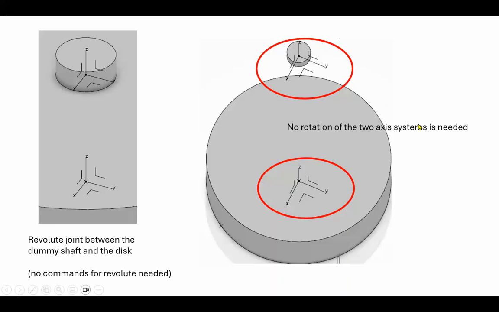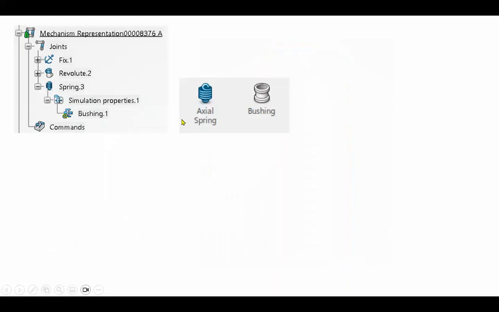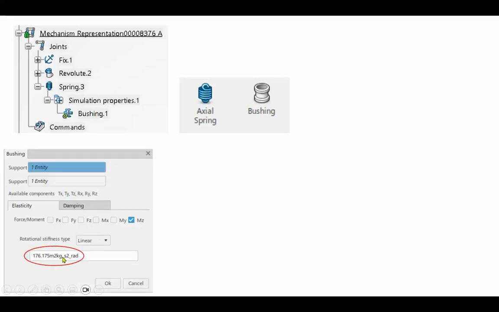Okay, so we're going to need a revolute between this dummy, call it wall or dummy shaft, and the rotating disc, and then we need a bushing element too. So here is a revolute and spring element, which actually is a bushing. This is the stiffness property of the torsional spring based on hand calculation.